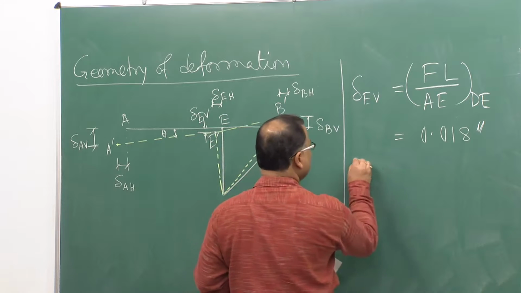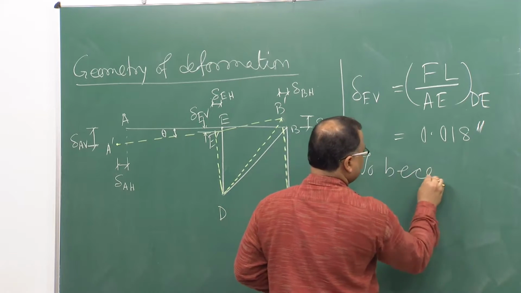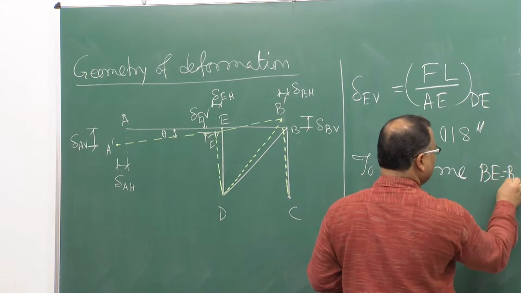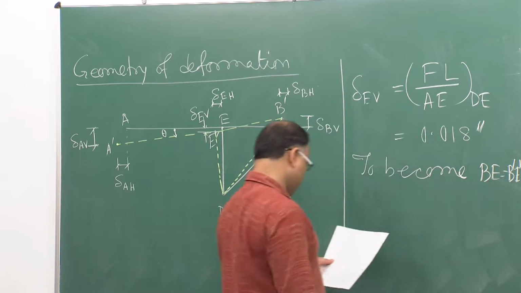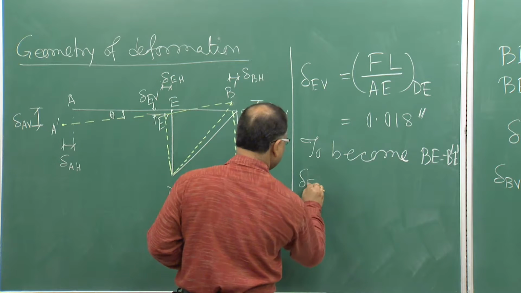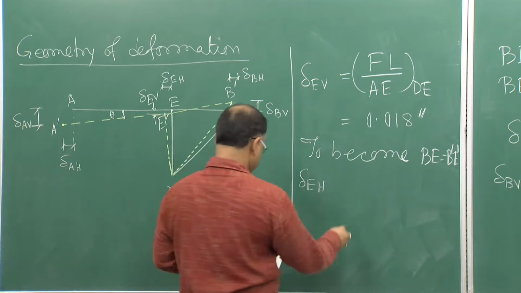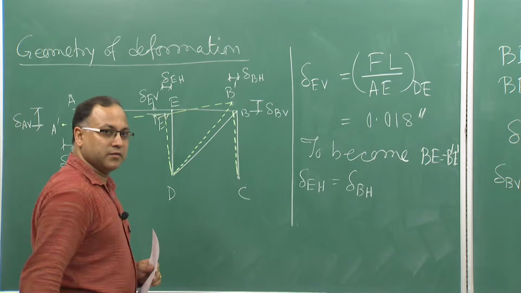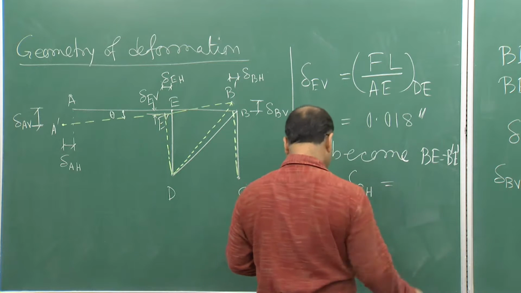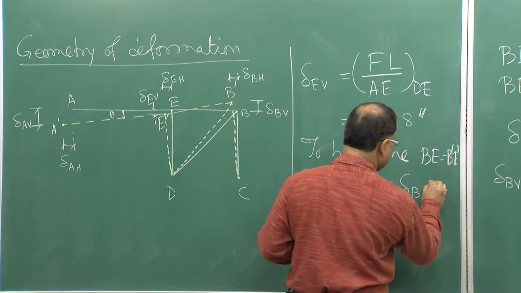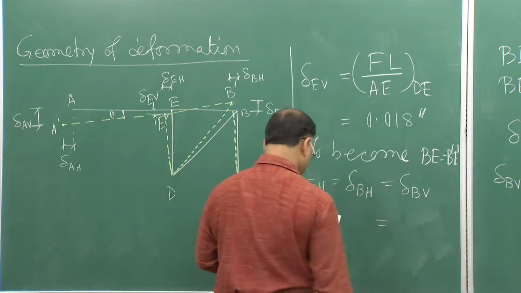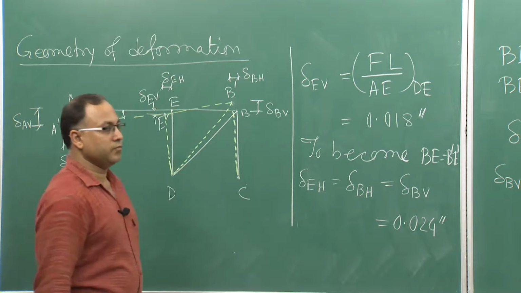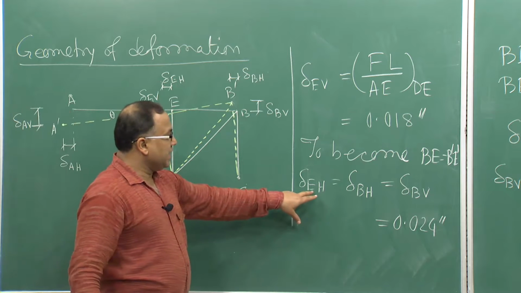Now, for BE to be equal to B prime E prime, I have delta EH equal to delta BH, which is equal to delta BV, which is 0.024 inch, already calculated. What is delta EH?